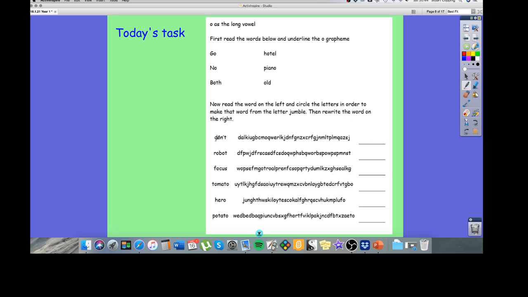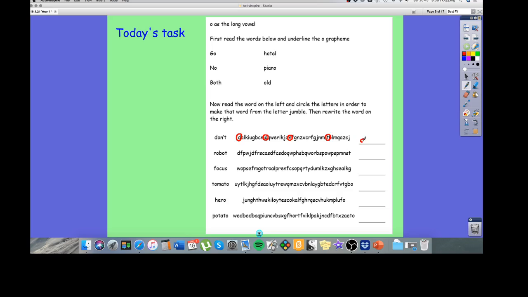Look, so we've got D, O, N, T, don't. So we need to find the D, the O, the N and the T in this jumble. So there's the D. The O is going to come next. So you go along the line until you find an O and you put a circle around it. The N comes next. So you're going to go all the way along until you find an N. And then you want the T. So you go all the way along till you find the T. That's don't.